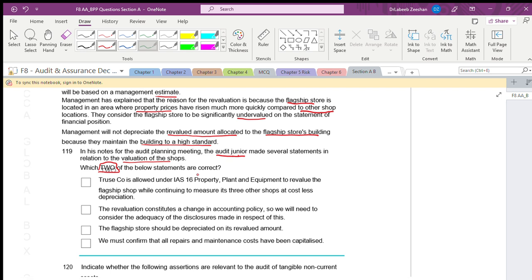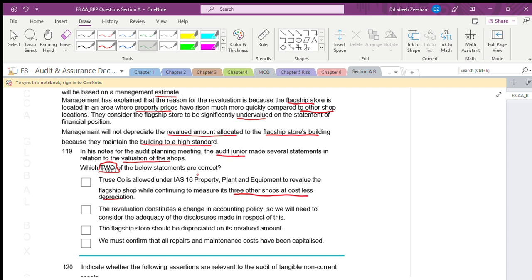Is the company allowed under IAS 16 to revalue the flagship property while continuing to measure its three other shops at cost less depreciation?